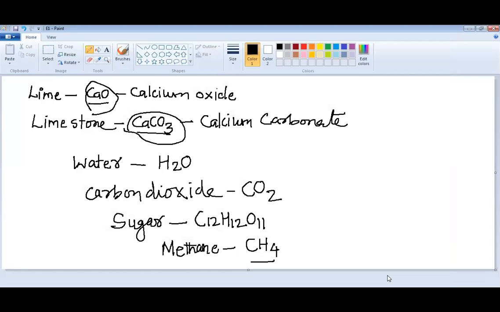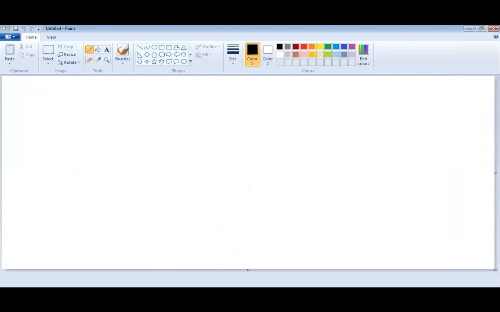Let us study this. So before we study, let me tell you something that we have studied about the molecules. These molecules, they do not have charge.